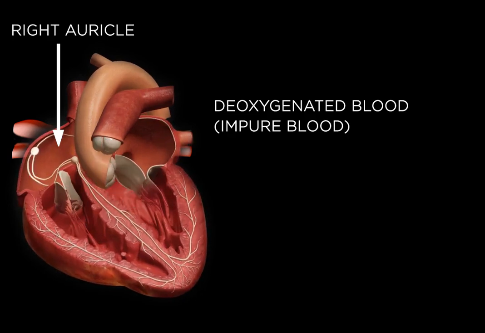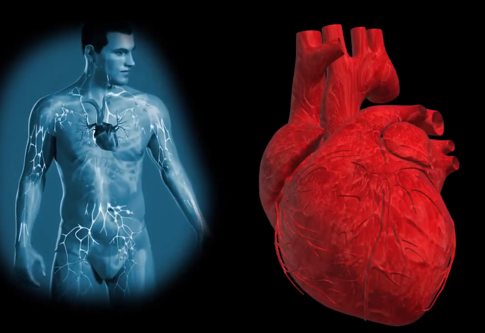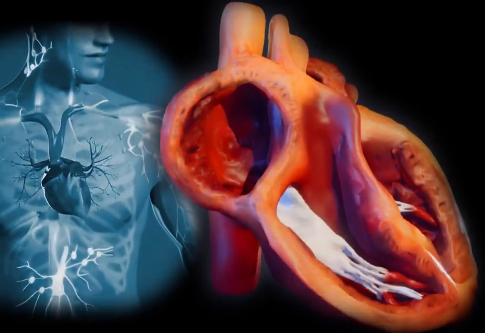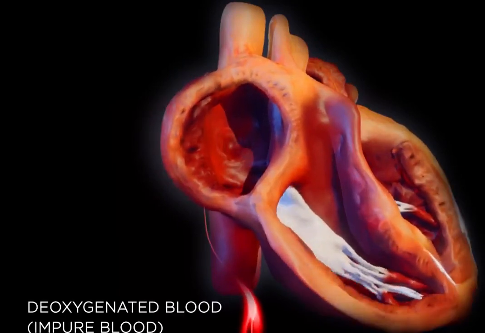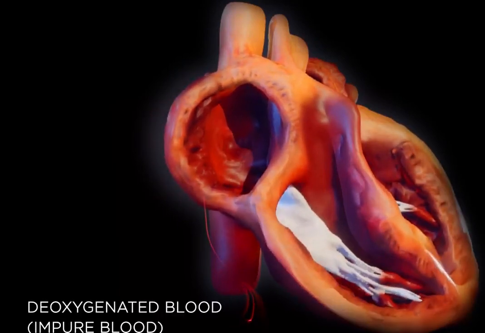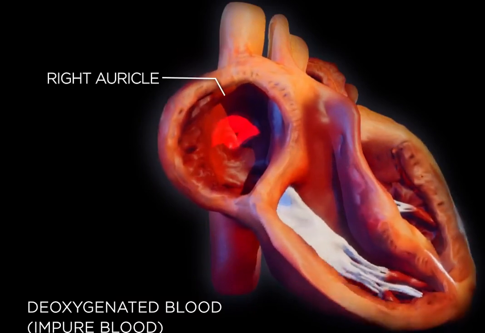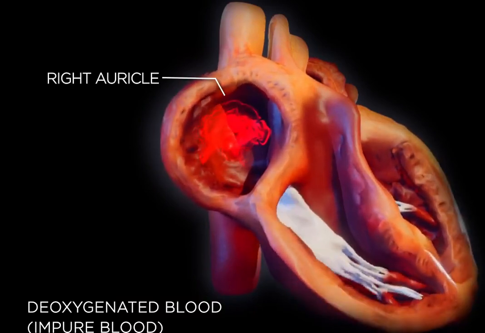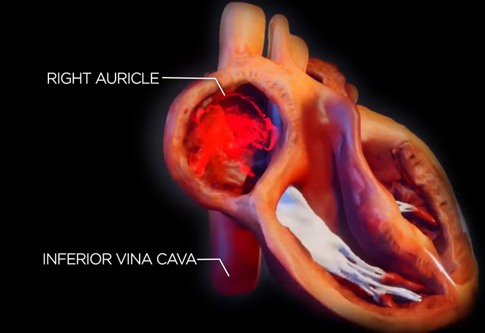Now when I say from all over your body, understand that your heart is in the center of your body in your chest. So the deoxygenated blood from the lower parts of your body will enter the right auricle through a tube which is called the inferior vena cava.